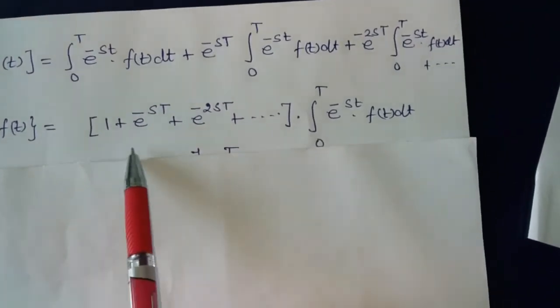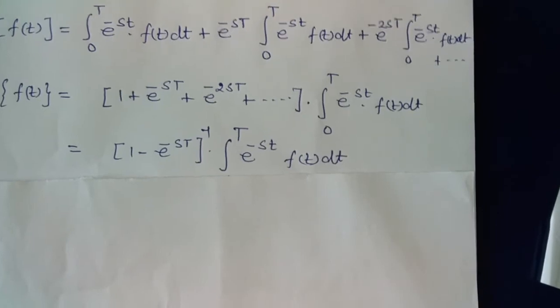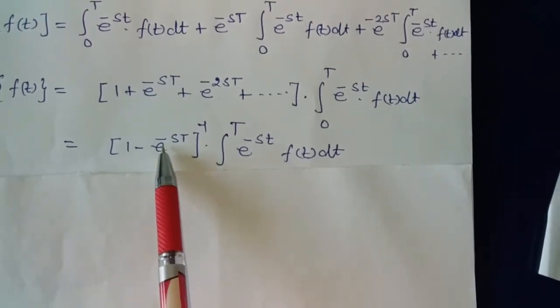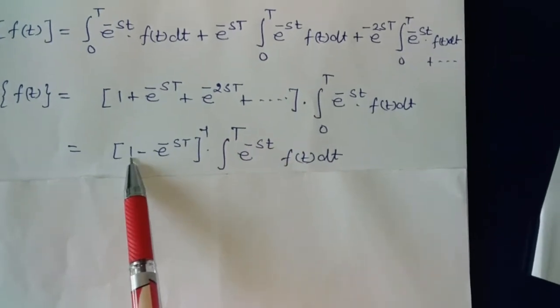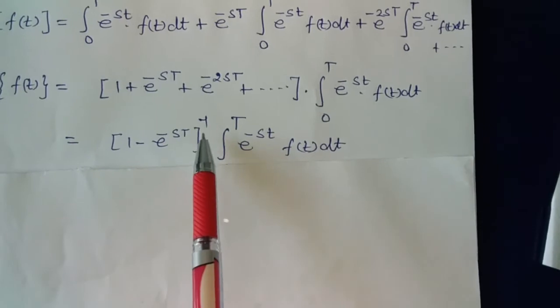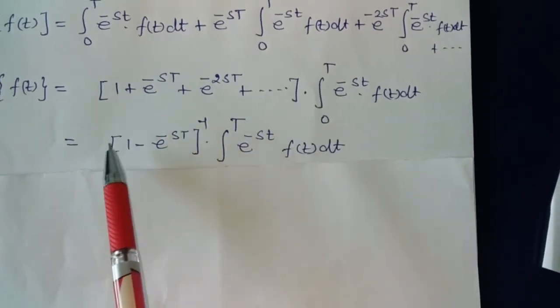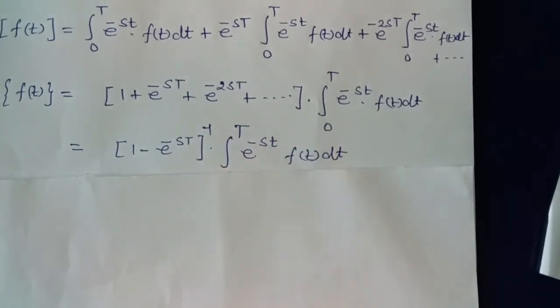Now this infinite series is the expansion of (1 minus e raised to minus sT) whole power minus 1. If we expand this expression, 1 minus e raised to minus sT whole inverse, using the binomial expansion formula, then we get the same series.